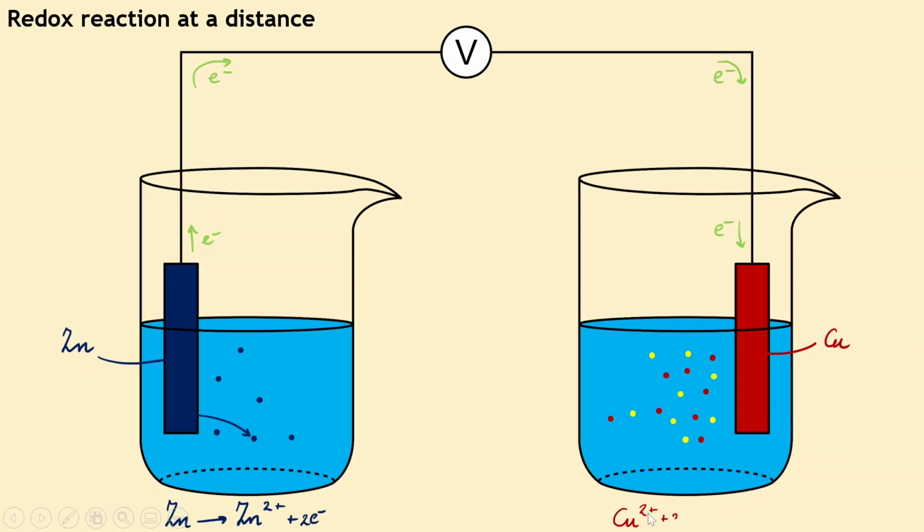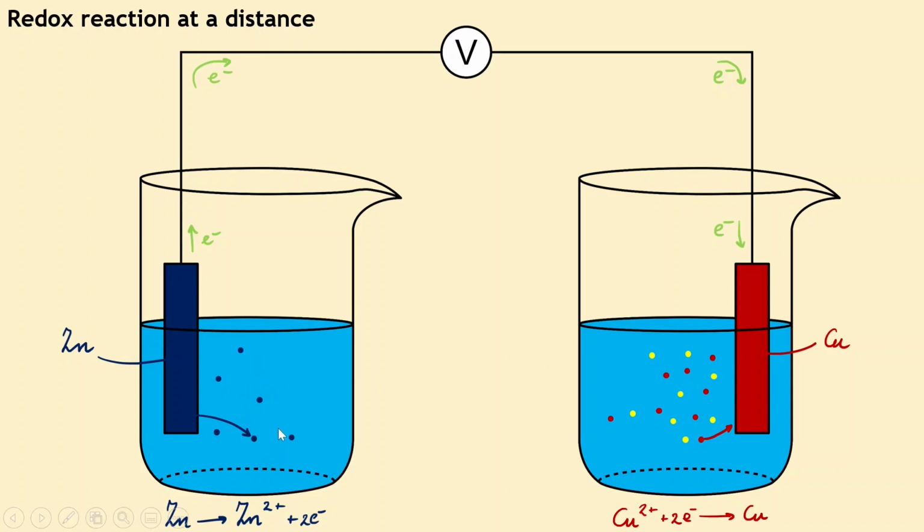So copper 2+ will be reduced, accepts the electrons, and the ions will move out of solution and react at the copper electrode. This way we have created a current of electrons through the wire, and that's what we are after. However, this is not going to work.